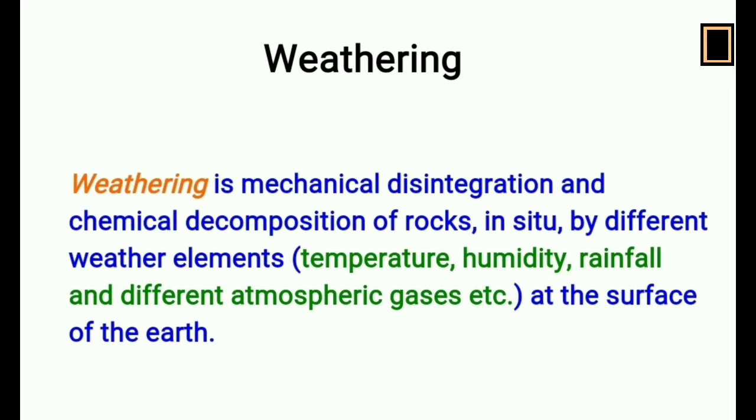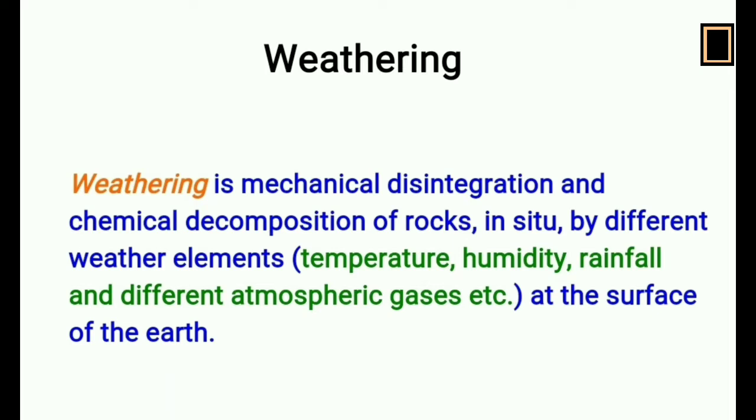There are different weather elements like temperature, humidity, air pressure which can influence rocks to be broken down. Such fragmentation of rocks can occur either by physical changes or by alteration of chemical composition.